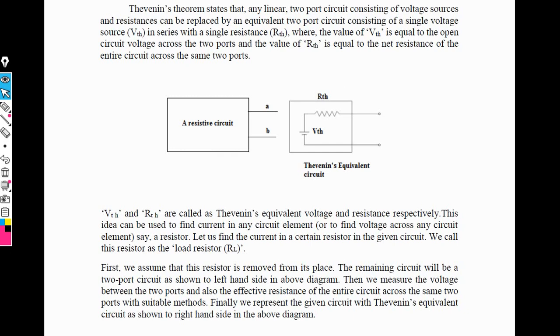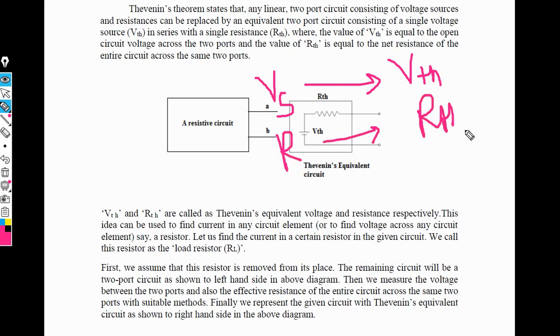In Thevenin's theorem, the voltage source can be replaced by Thevenin's voltage VTh, and the resistance can be replaced by RTh.